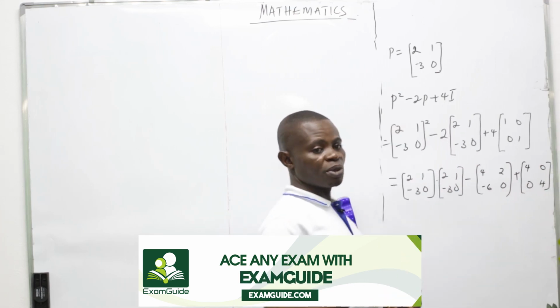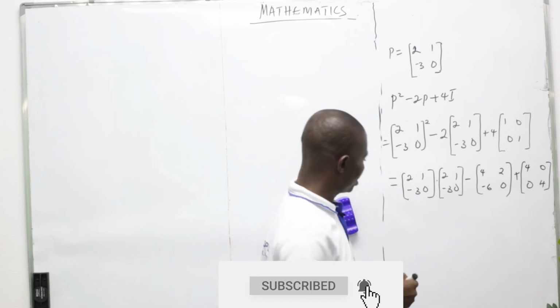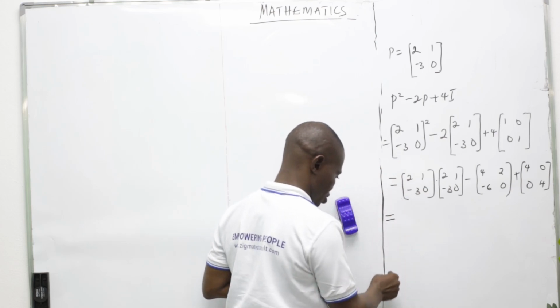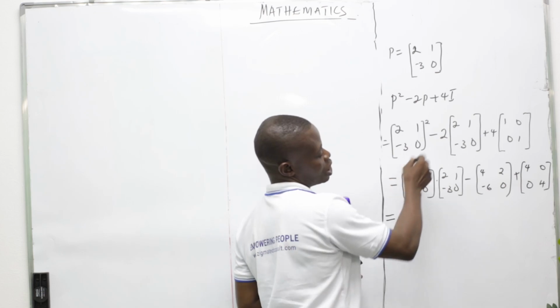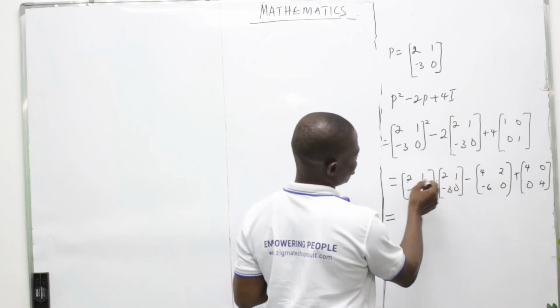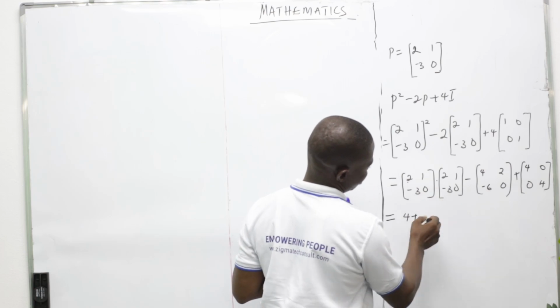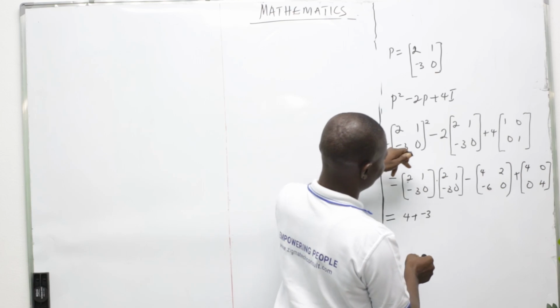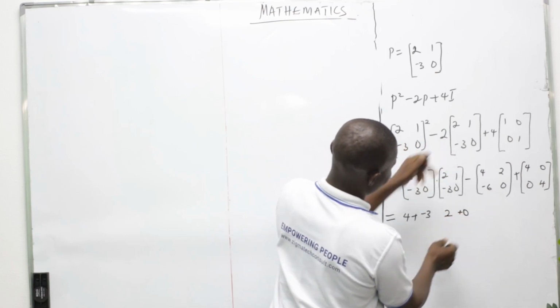I don't need to be teaching multiplication again because we have taken our time for multiplication. It is now assumed that you know the rows and multiplication, rows against column. 2 times 2 is 4 plus 1 times minus 3, which is minus 3. Then 2 times 1 is 2 plus 0.